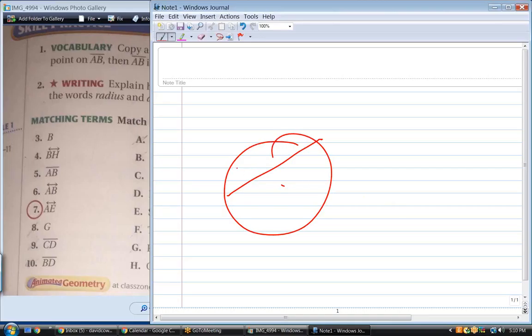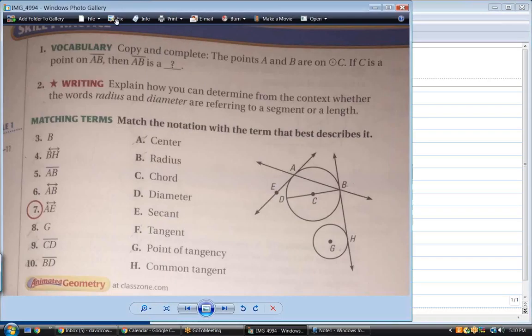But isn't that all number 6? Because it stops? Doesn't continuously go? Well, whether it continues or not doesn't really matter. None of the other definitions fit. It's still a chord. It's a chord that intersects the circle.